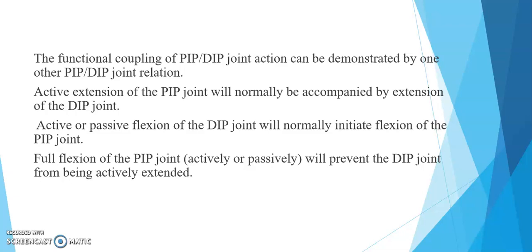Just press your finger and flex the PIP joint fully. Active full flexion of the PIP joint will prevent the DIP joint from being actively extended.